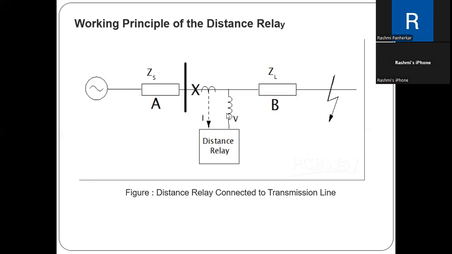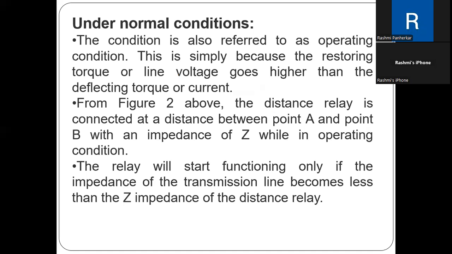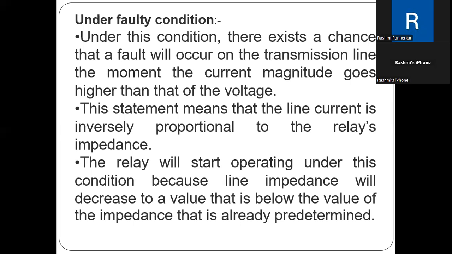So the line current is inversely proportional to the impedance, and the relay will start operating because the line impedance decreases below the predetermined impedance value. So that is the theory of the normal condition and the fault condition.